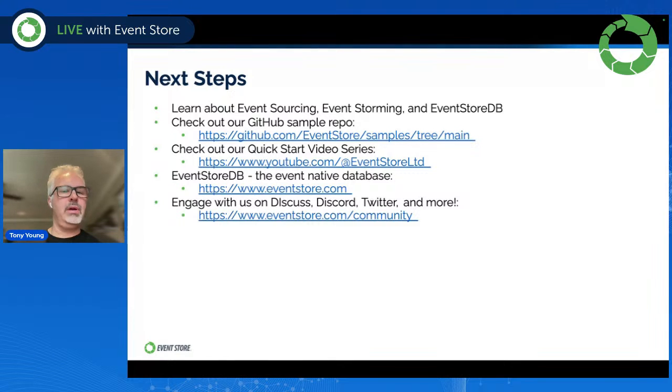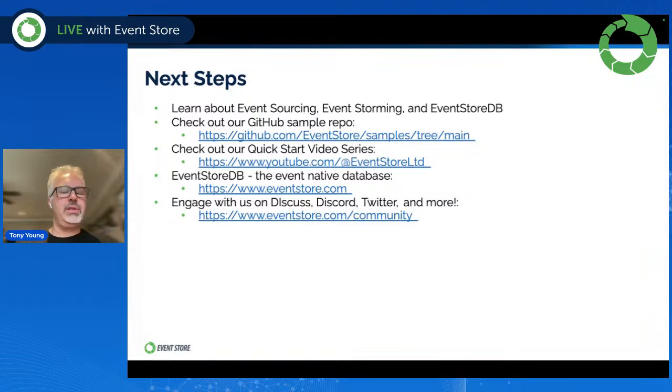Please do check out our GitHub sample repo. You can see all the code. The AI stuff's not quite ready, so we haven't put that up yet, but the fully functioning loan processing system code is up there, written in Python. We hope to get other language versions of that out soon as well, so do watch for that in our repo.